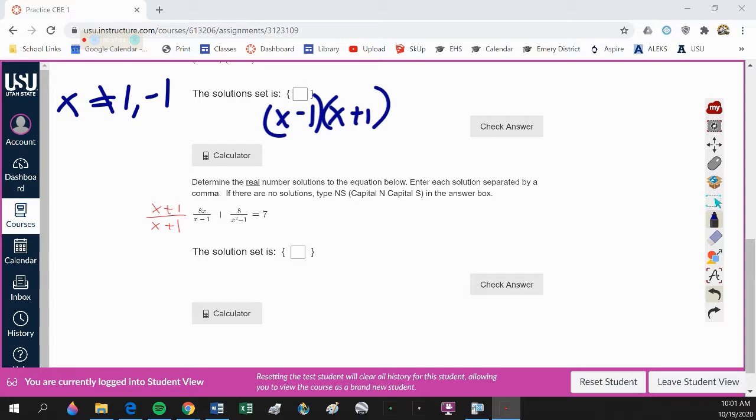Both. Now, should I write it like this? No. Write it like this to save yourself some steps. So, x squared minus 1, x squared minus 1. Now, what do I do with the denominator? I just ditch it.